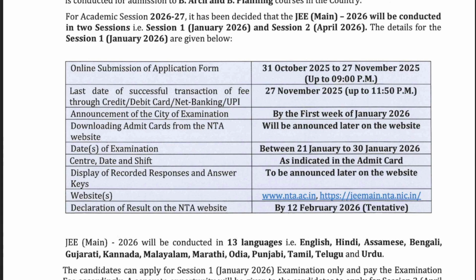And for all the other upcoming days of the exam, the admit card will be released 3 days before the exam. The official date for each day, which means the day-wise exam schedule, is not announced yet. Candidates can expect it either in December or in the first week of January, but the exam will be conducted between 21st January to 30 January.